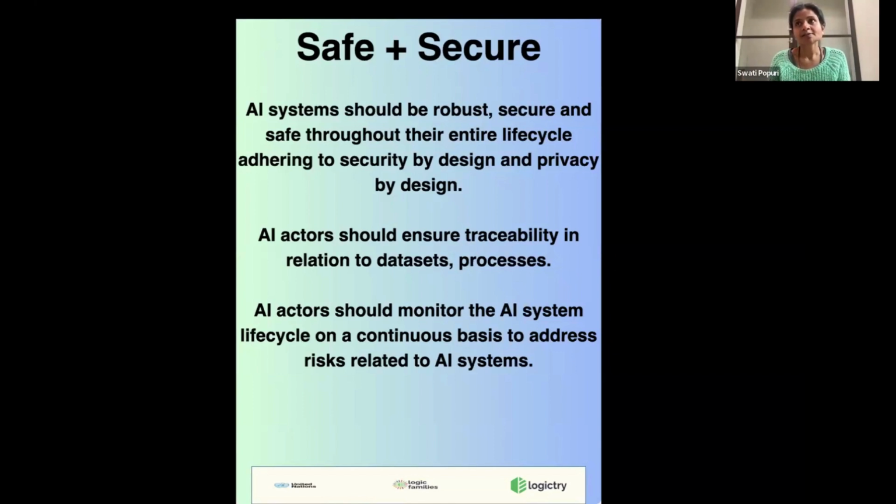What this means is, if somebody has reported that an AI model is hallucinating, or you put in a prompt and suddenly it gives you all of the personal data related to you, there should be a quick and fast-acting resolution in taking and considering that feedback, and maintaining continuous monitoring throughout the AI lifecycle.